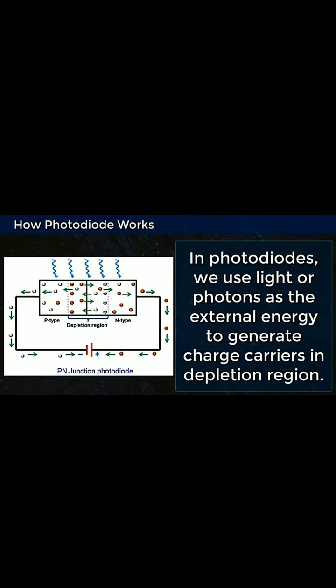Due to that potential, electrons are attracted by the positive side, that means towards the n side, and holes are attracted towards the p side, because in the p side negative immobile ions are there, so that side is negative, and in the n side positive immobile ions are accumulated, so that side is positive. So the electrons move towards the n side and the holes towards the p side.